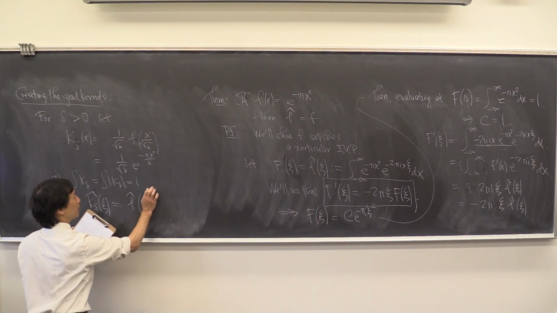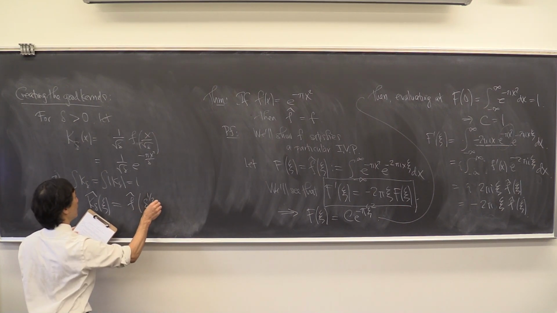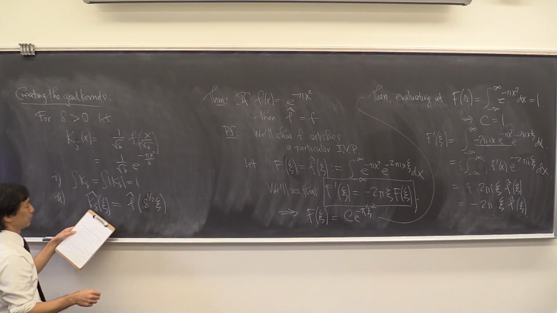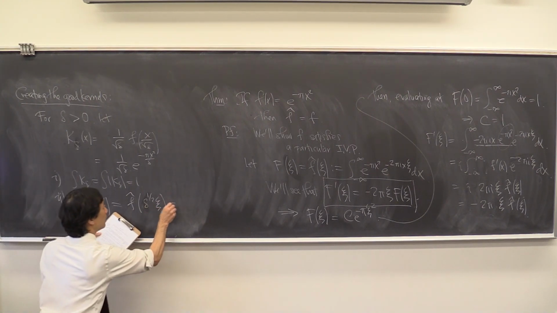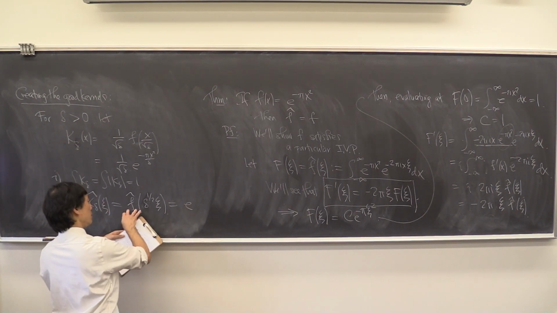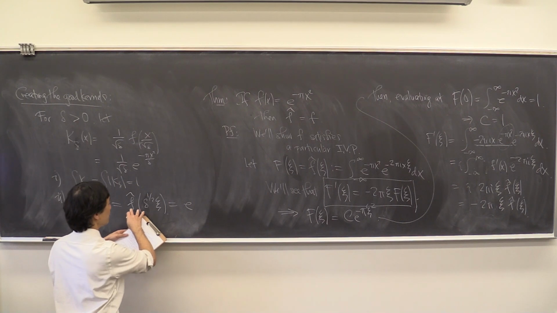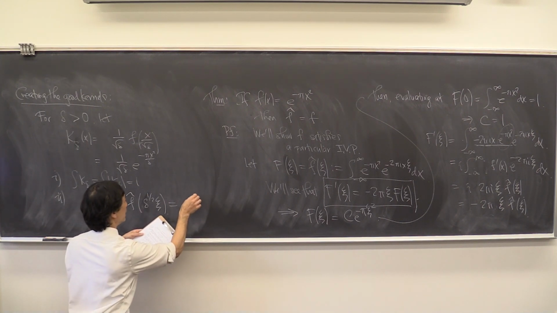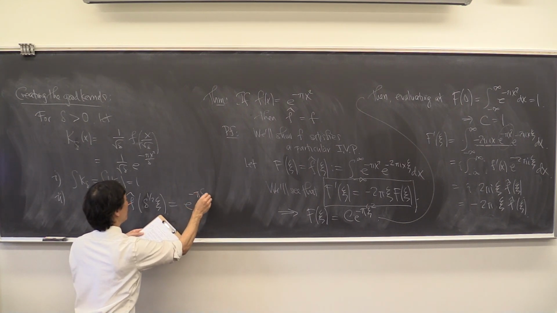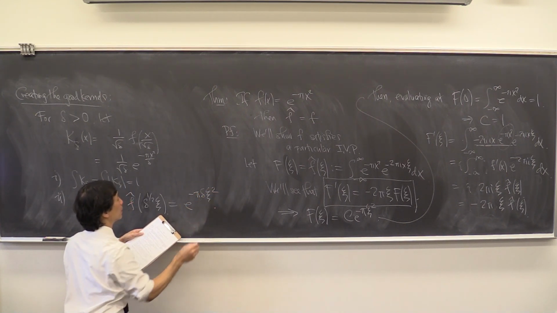So we get the square root of delta times xi here. That is because the Fourier transform of the Gaussian is just the Gaussian, evaluated there. So we get e to the negative pi delta xi squared.